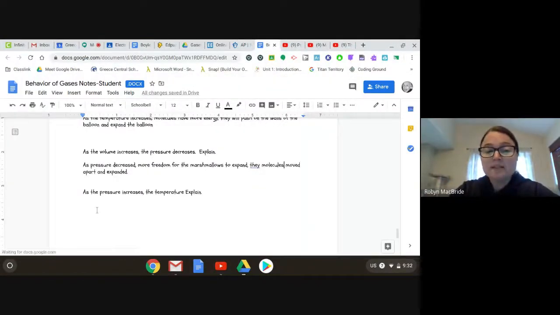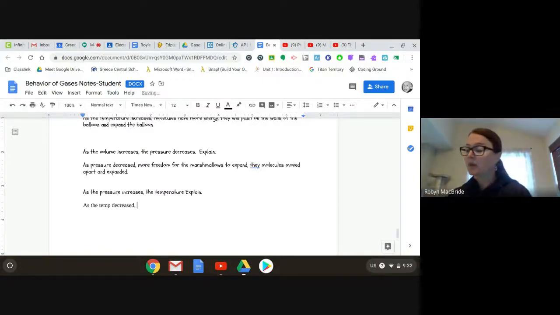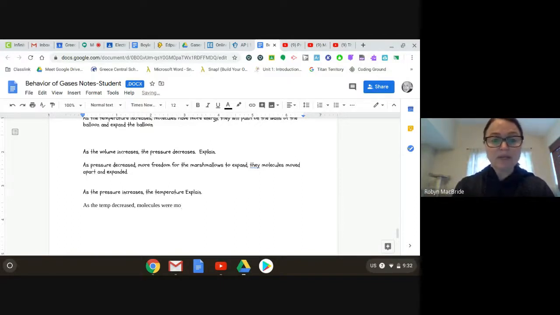So what we saw is that as the temperature decreased, when he put it in that cold water, the molecules were moving slower, sort of like my computer, moving slower.